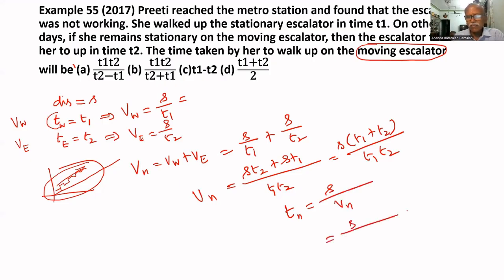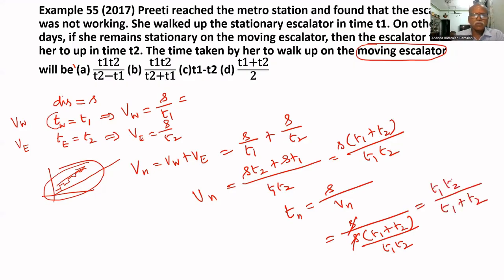That is s divided by s times t1 plus t2 divided by t1 t2. s getting cancelled, the denominator of the denominator becomes numerator. That's why t1 t2 divided by t1 plus t2. Therefore, the time taken by her to walk up on the moving escalator is t equals t1 t2 divided by t1 plus t2. B is the answer.